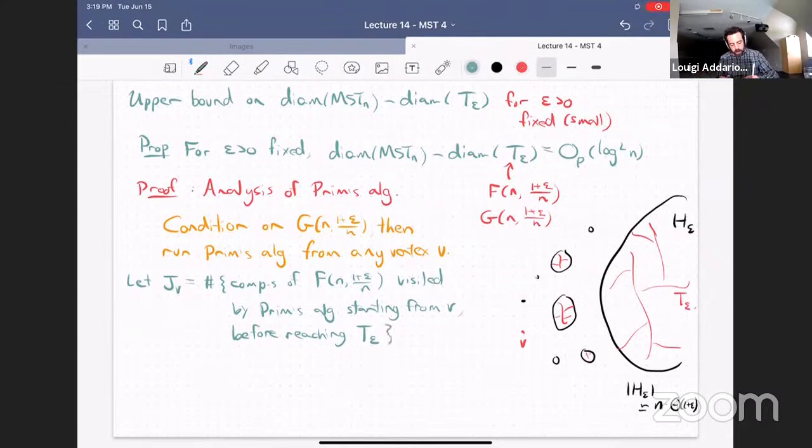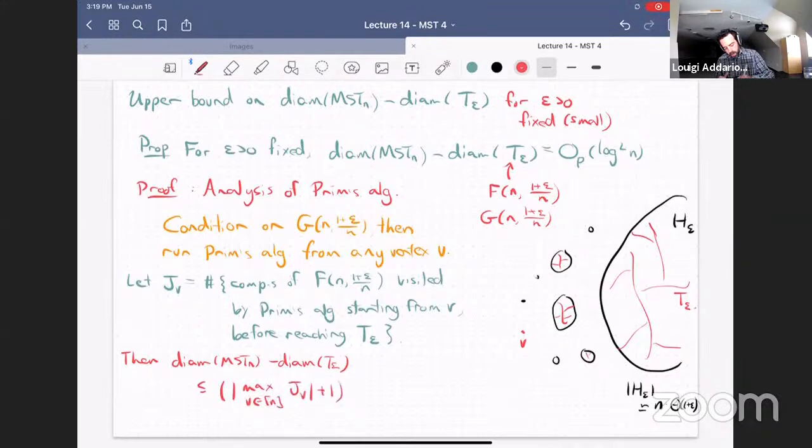So with that definition, I can bound the difference that I'm trying to bound by the largest of these J_V plus 1, times the largest size of any component other than the giant.